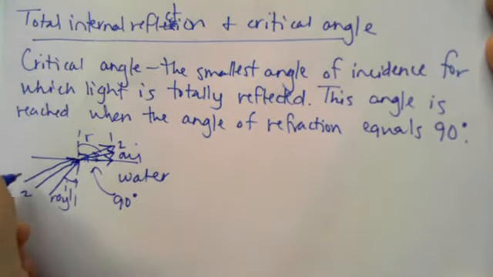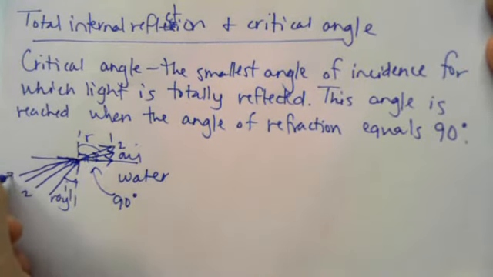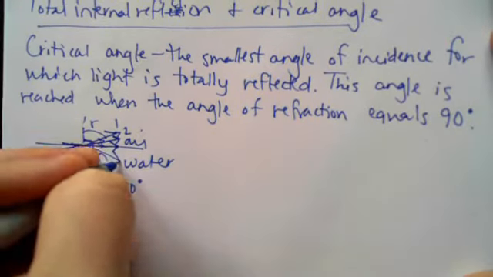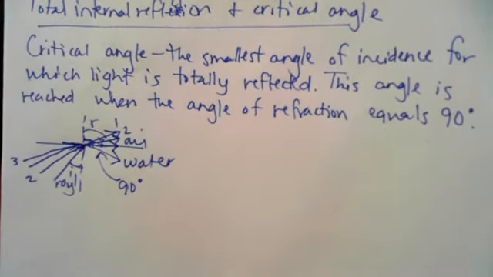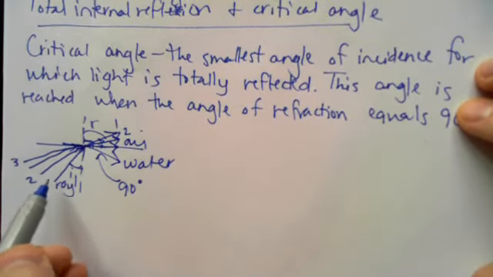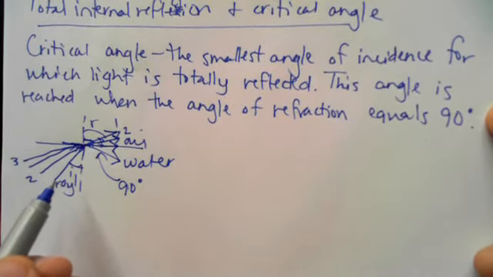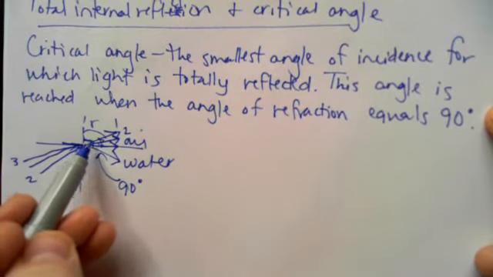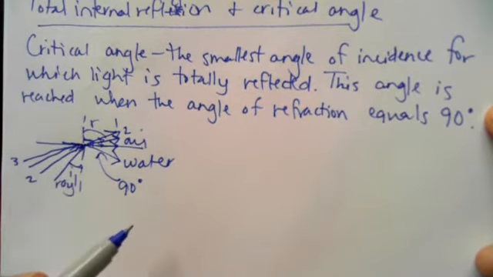At that point, any angle after that, so let's call this ray 3, is going to be reflected back into the original medium. So that critical angle is the angle at which your refracted angle is 90 degrees and you get total internal reflection.